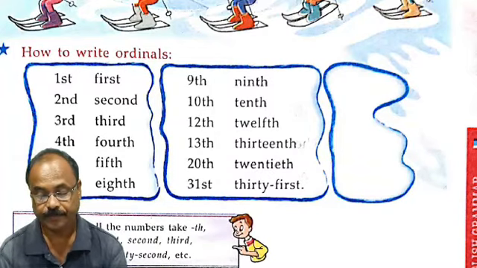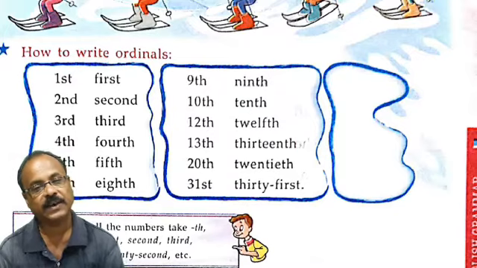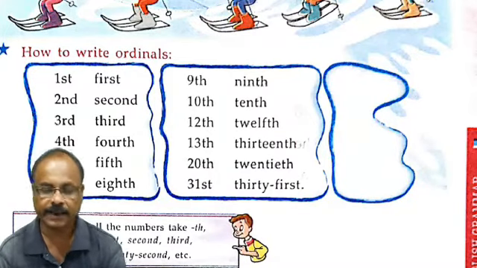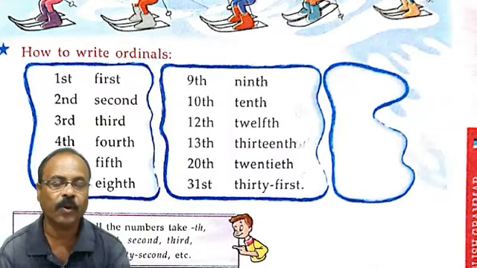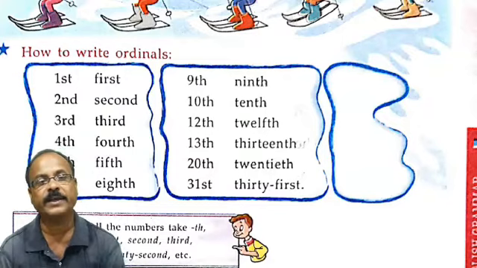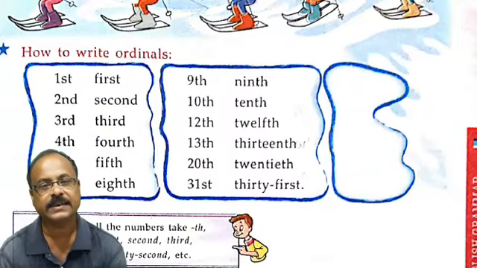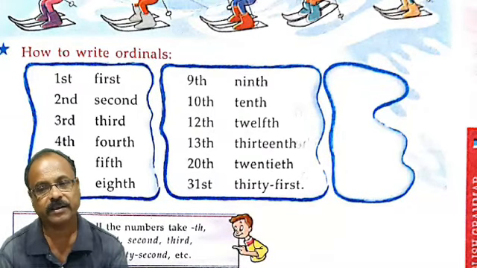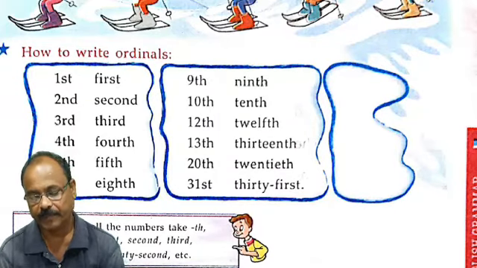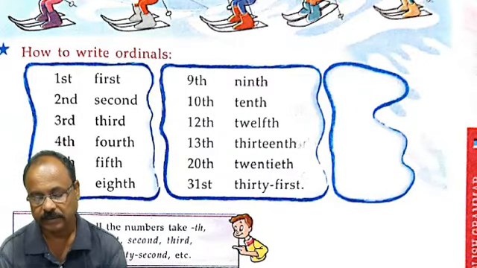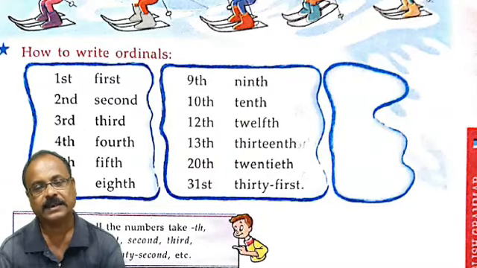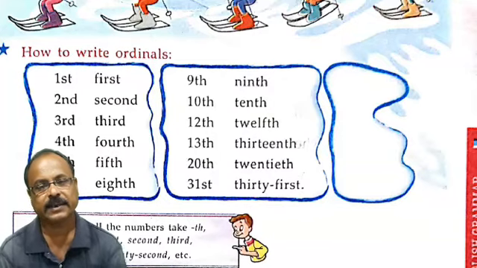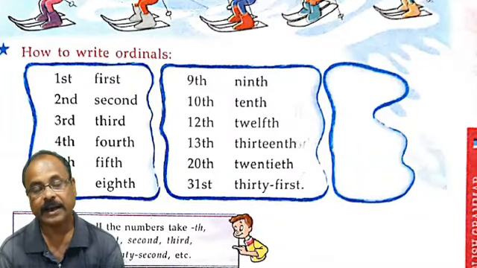How to use? 1 is read as first, 2 is read as second, 3 is read as third, 4 is read as fourth, then 5 is read as fifth, 6 is read as sixth, 7 is read as seventh, then 8th, 9th, 10th, 11th, 12th, 13th, 14th, 15th, 16th, 17th, 18th, 19th.